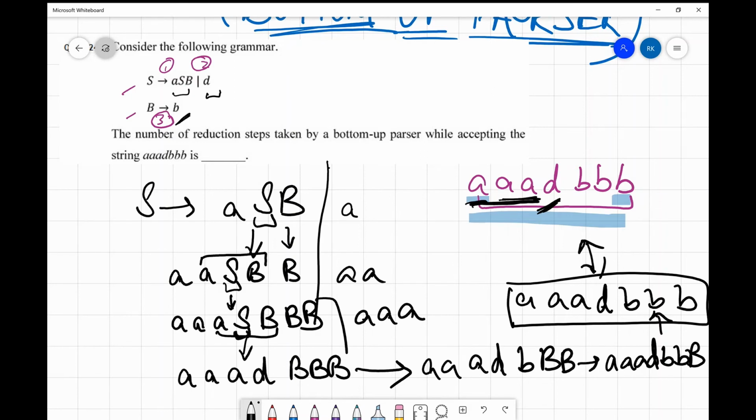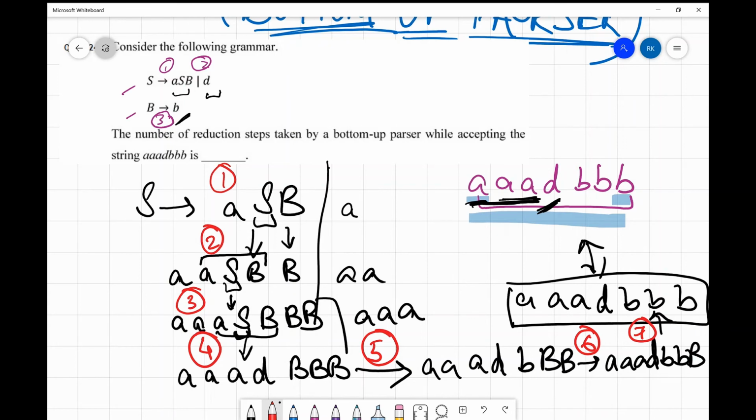Now we need to count how many steps we required to reach the string. So 1, then 2, then 3, 4, 5, 6, and 7.